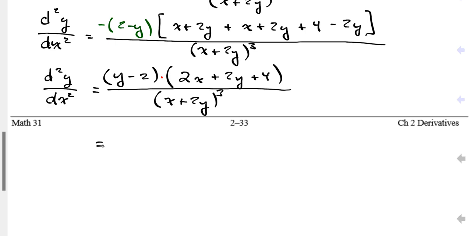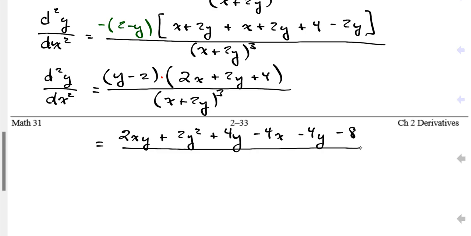So what do we have? First term is 4x plus 4y minus 8. We're not there yet. It will be more simple.